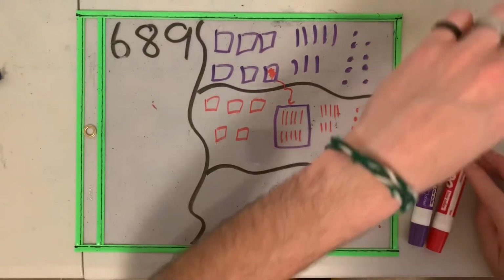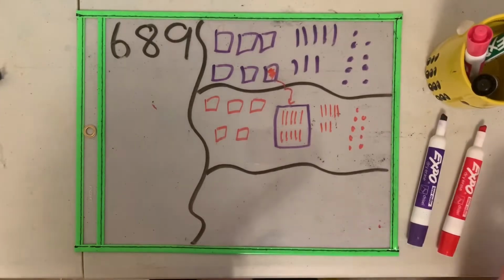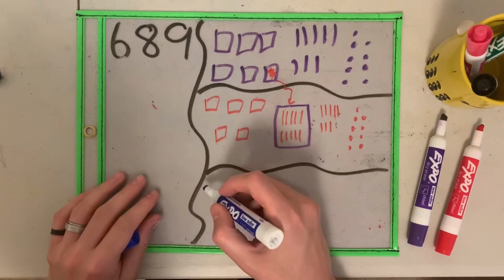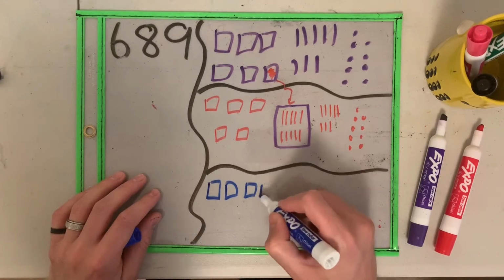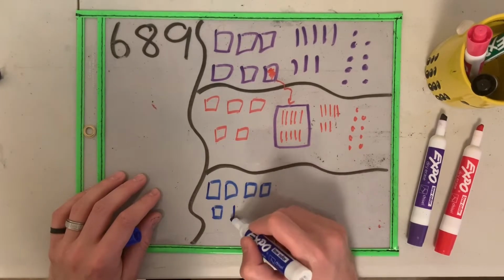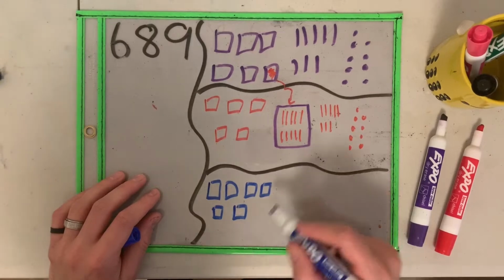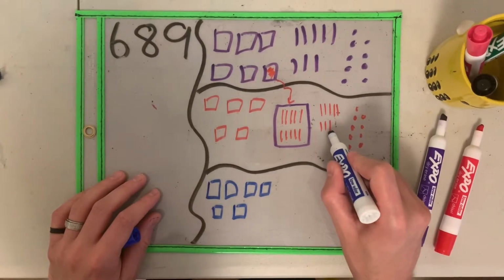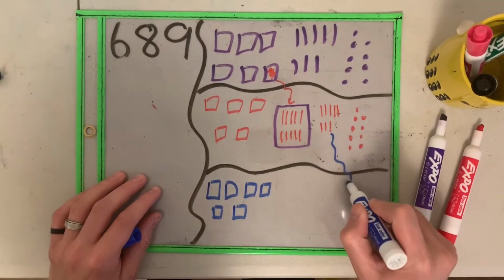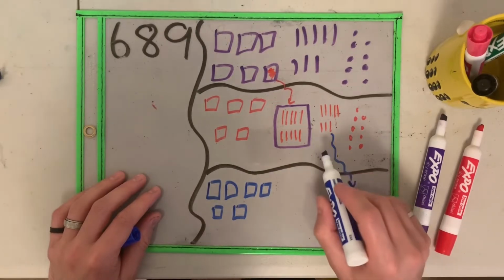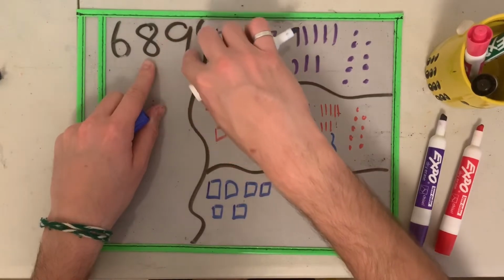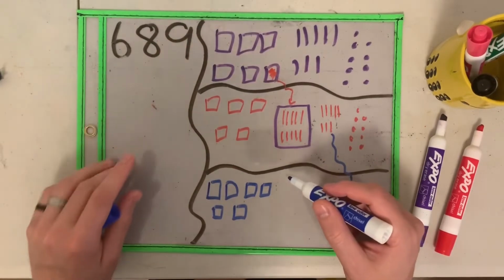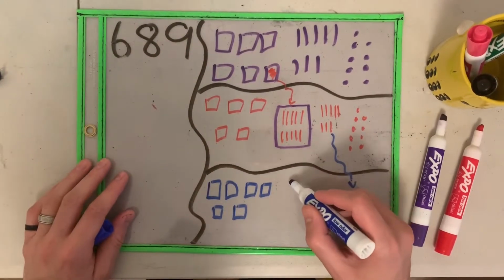Now we're going to do another base 10 block form. So we're going to have now 600. And then I'm going to change 1 ten into ones. So this means that I'm not going to have 8. If I move 1 ten into the ones place, that means I'm going to have now 7 tens.